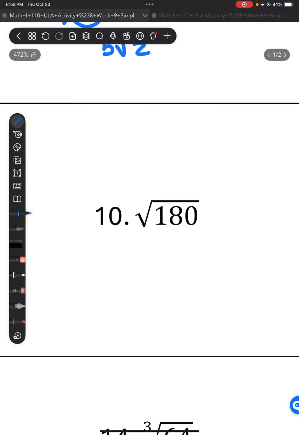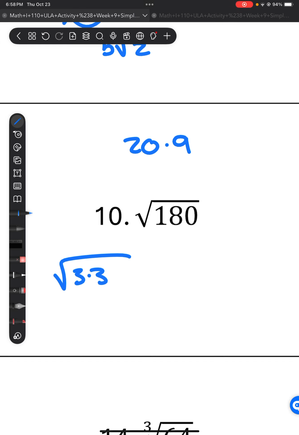All right, number 10, square root of 180. Something I can do here, instead of 2, I can maybe divide it by 20. So when I do that, I get 20 times 9, which 9 is also a perfect square. So I can immediately already do 3 times 3. Now, 20, thinking of its factors, there's 5 times 4. Well, 4 is also a perfect square, right?